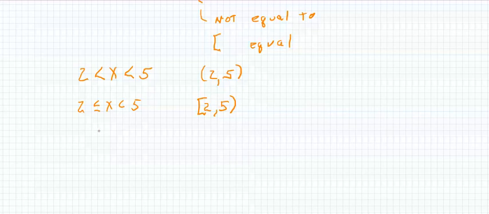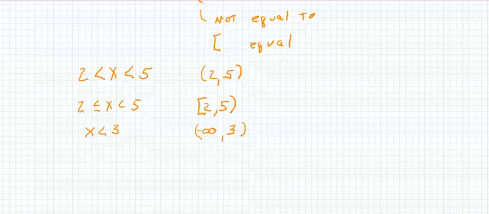and all the numbers in between. If I said x is less than 3, the bigger number goes here, 3, and here we use an infinity symbol with a negative sign.